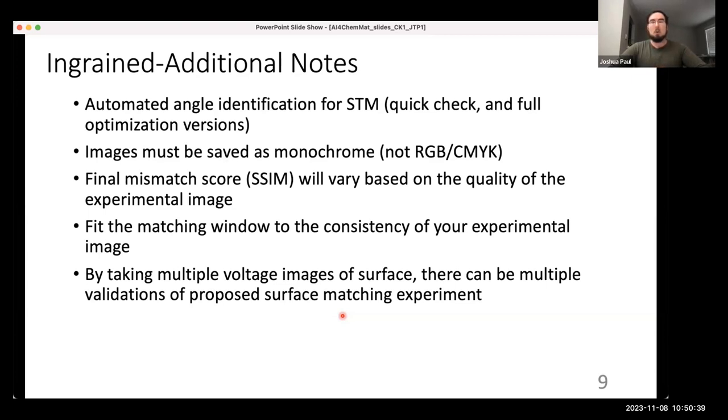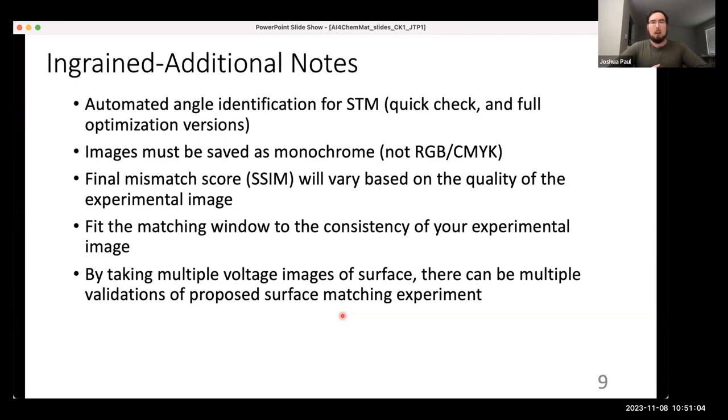The final mismatch score that you get is going to vary depending on your experimental image. Like I said, the lower the score, the more similarity between your images. And so depending on the resolution of your experimental image, you're going to have a floor on how accurate your theoretical image can be.